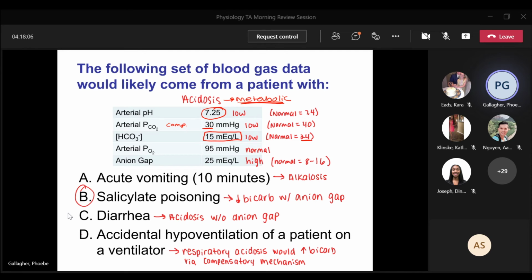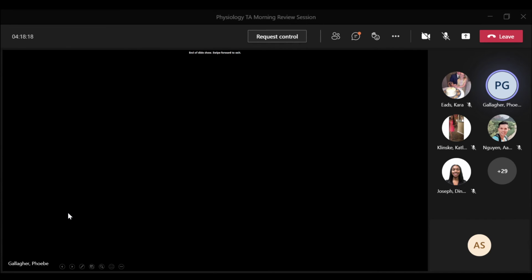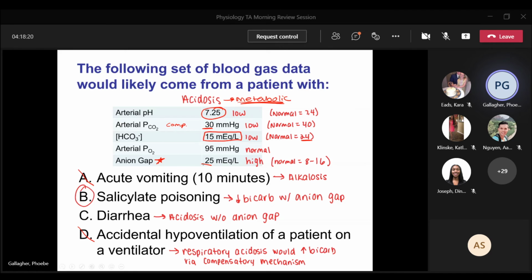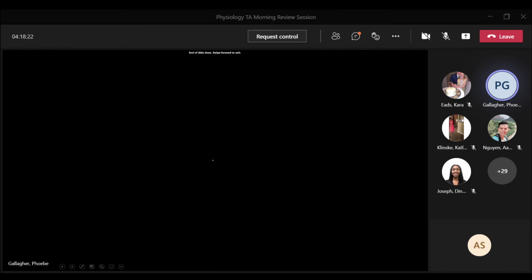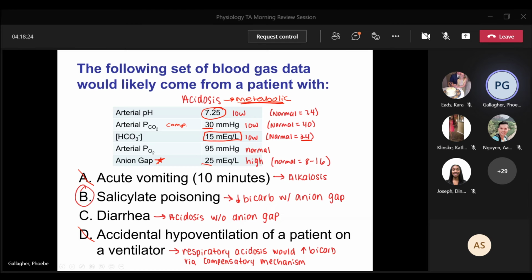So now we have two causes of metabolic acidosis, either diarrhea or salicylate poisoning. In order to differentiate between the two of them, once again, we have to look at the anion gap. Our anion gap is high. It's 25. Our normal range is 8 to 16. So right away, that tells us that we have an increased anion gap.